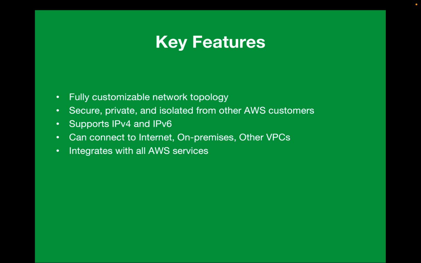If you come to the features of VPC, we have to understand that it is very customizable. You can control a lot of features. We already discussed that it is very secure, private, isolated, and it can connect to the internet, on premises, other VPCs, and could also integrate with all other AWS services.